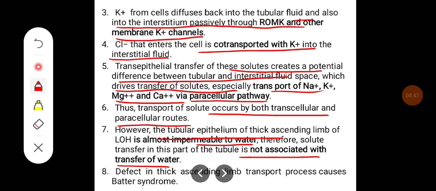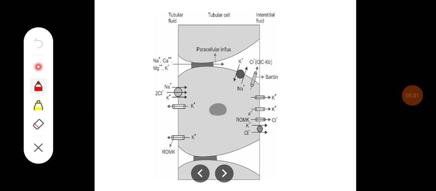Defect in thick ascending limb transport process causes Bartter syndrome.